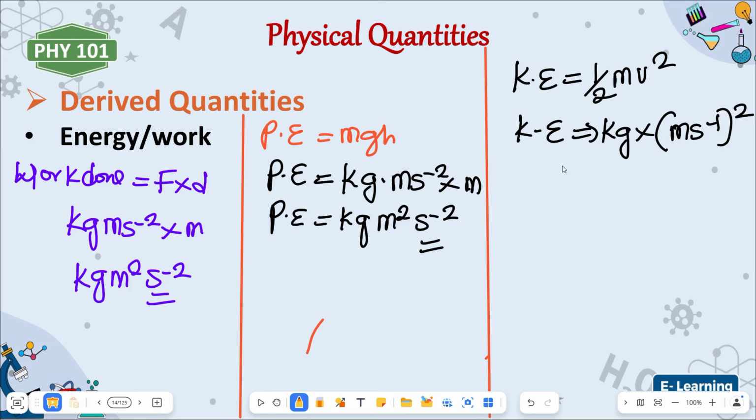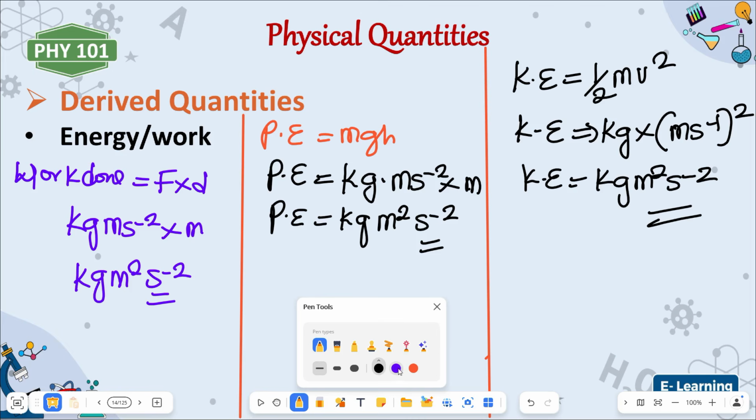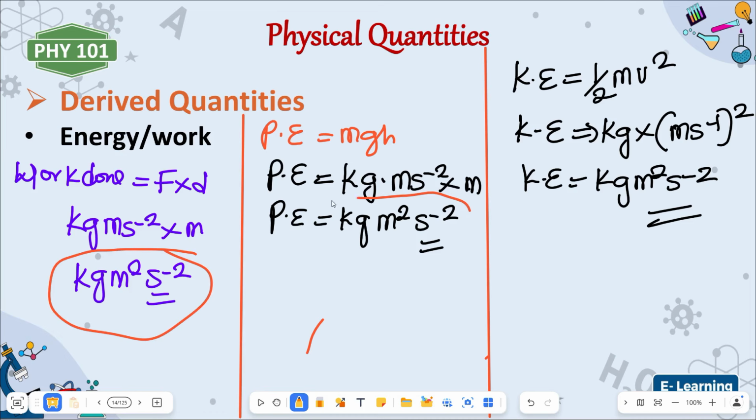Of course, this is squared. So kinetic energy will be kg. This multiplied by this will give us meter square per second square. Alright? And that is the answer to that question. It's a very simple one. So, these are the various forms of energy and work. You see that energy and work have the same unit. Whether this is work done, this is potential energy, or this is kinetic energy, any form of energy at all, they have the same unit.